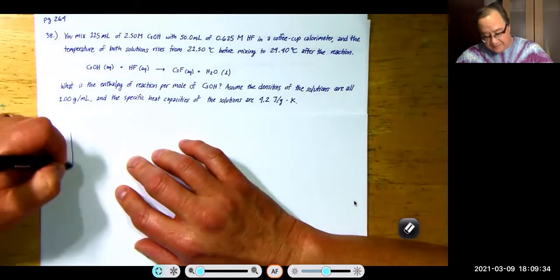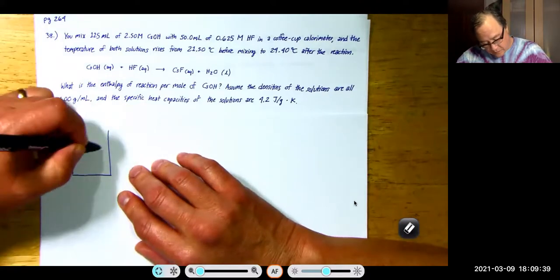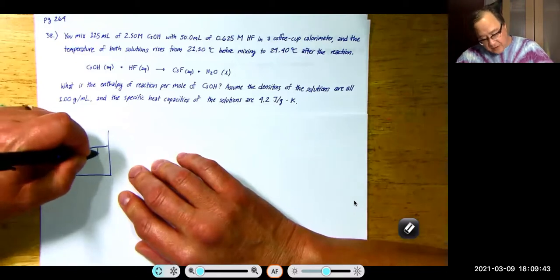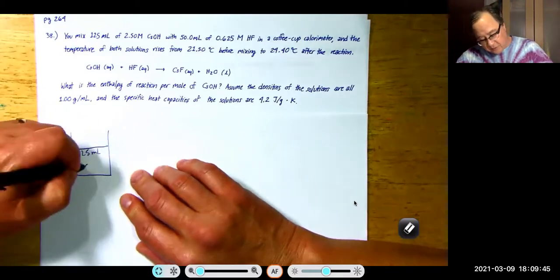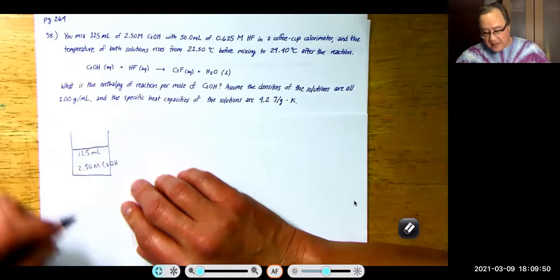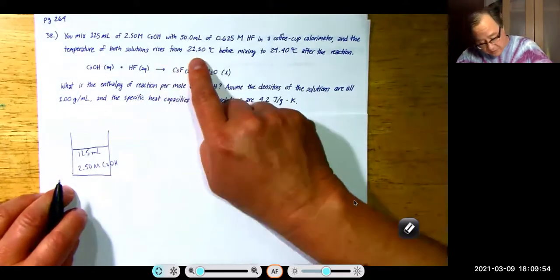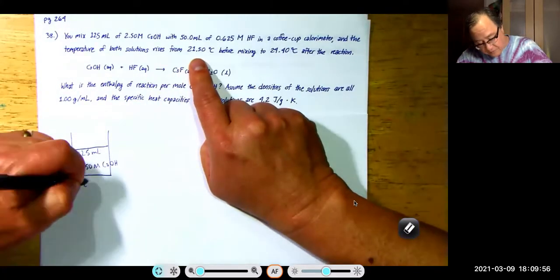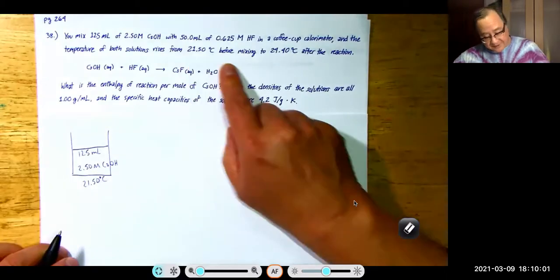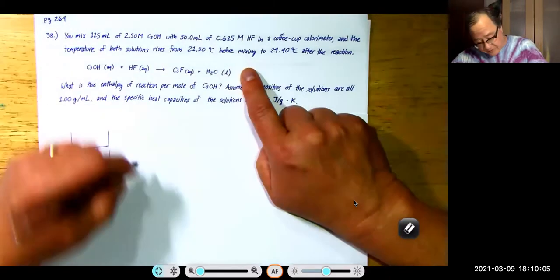We have 125 milliliters of 2.50 molar cesium hydroxide, and you'll see that the temperature rises from 21.50 degrees before mixing to 24.40 degrees after mixing.